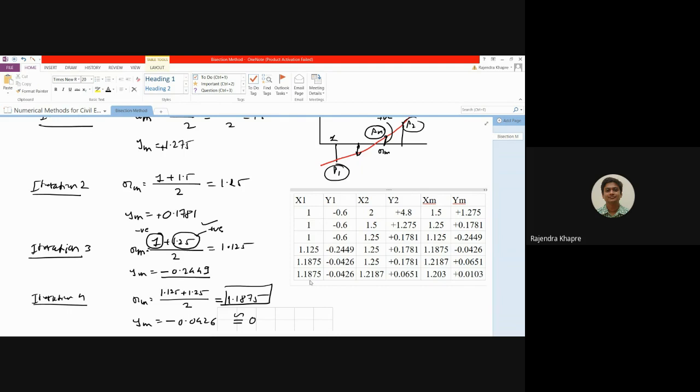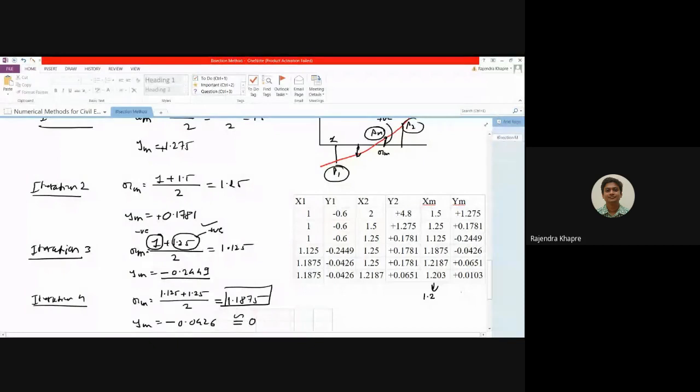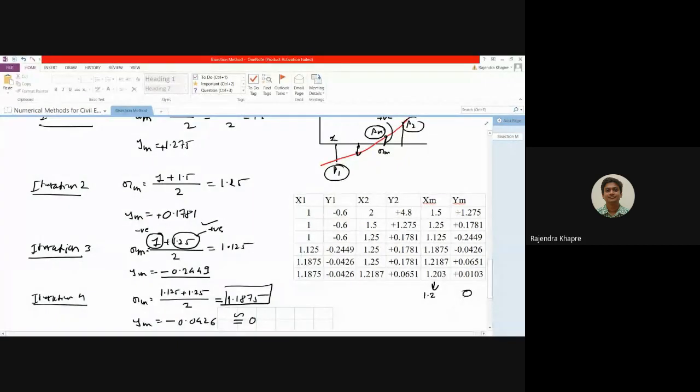So you see 0.01. So you see this is very close to 0 now. Okay, so if you go for one more cycle, then you will be getting another root. So as far as my knowledge goes, if you continue the iterations, from here the final answer will be 1.2. Okay, and the corresponding y value is 0.